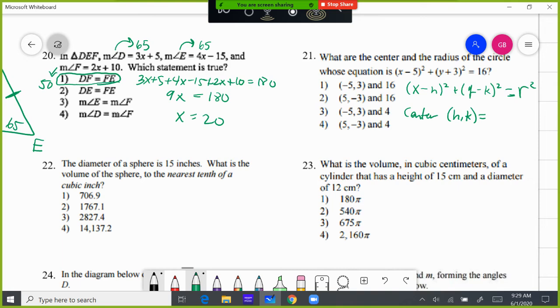Notice that in the equation, h and k are subtracted, so whatever you're given, you do the opposite. So the center is actually 5 comma negative 3. And then the radius is going to be the square root of the number you're given at the end. So the square root of 16 is 4. So that's going to be option 4.